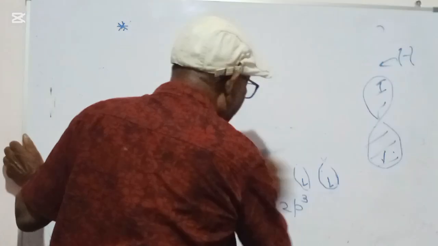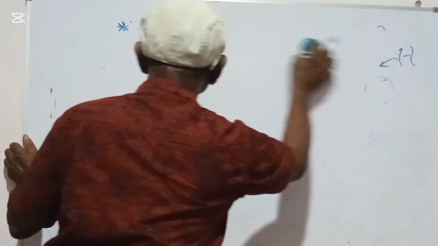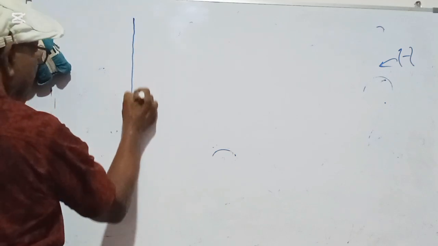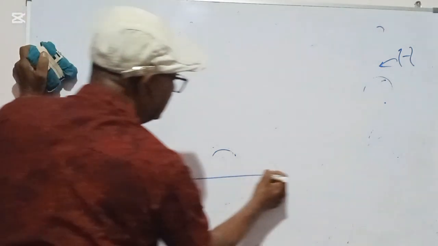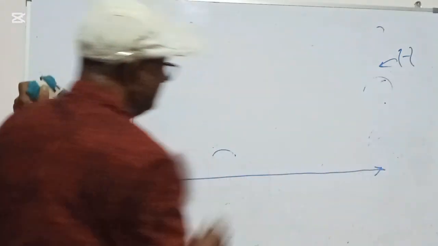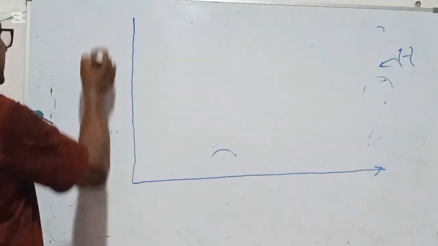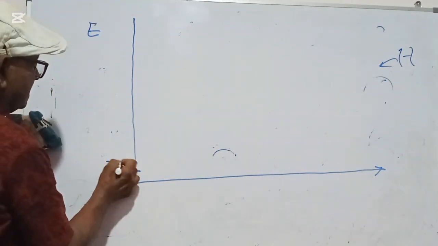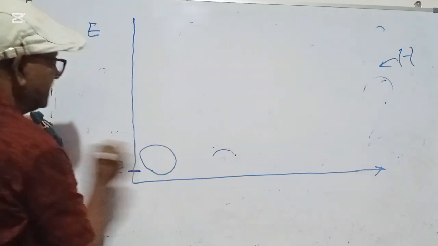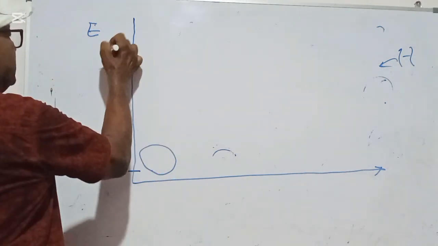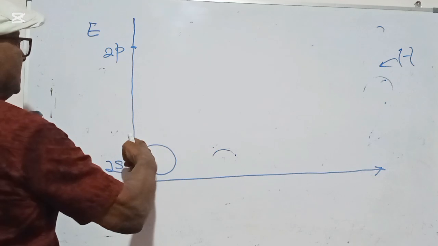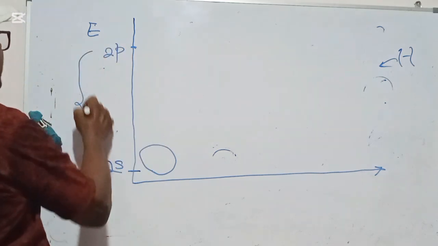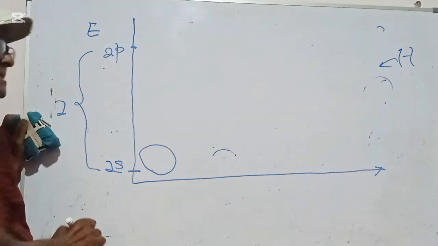I'll explain that process using a diagram, an energy diagram. It is easy. So this is the energy. Here 2s, spherical orbital, 2p at a little higher energy level, both at the second principal energy level.